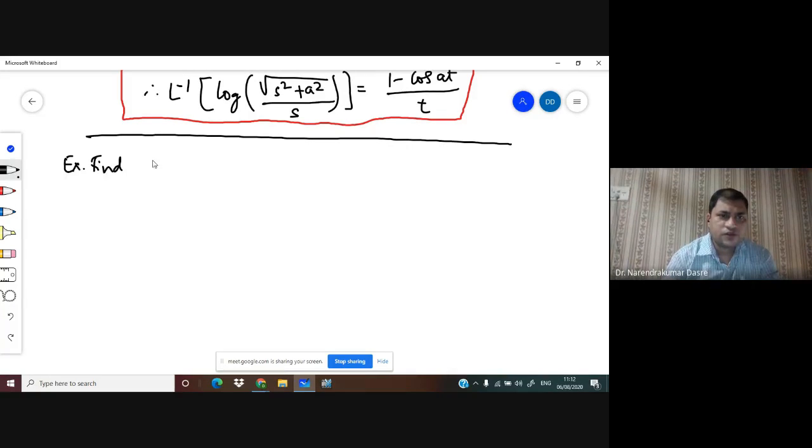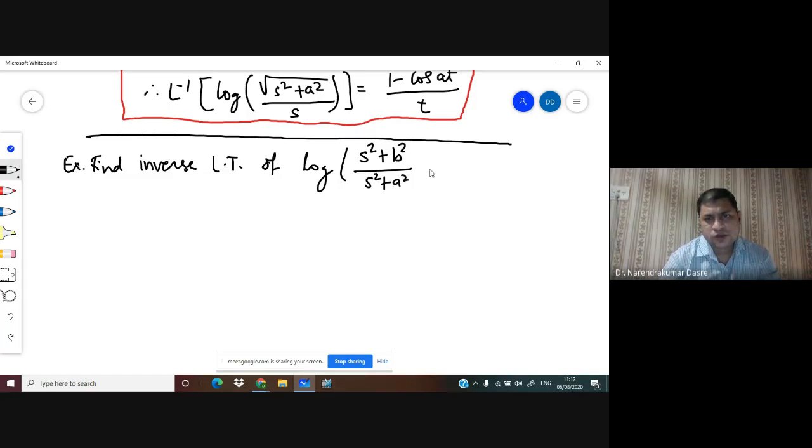So we'll go with find inverse Laplace transform of log of s square plus b square upon s square plus a square. So we'll go with the solution.